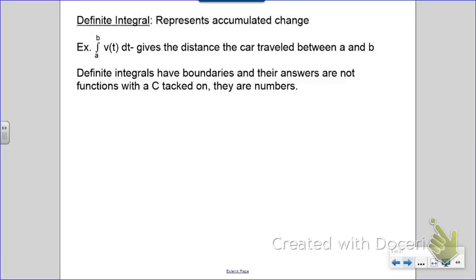So this is exactly how we find the distance traveled, by integrating the velocity function v of t from a to b. Definite integrals have boundaries. Their answers are not functions, they are numbers or values.